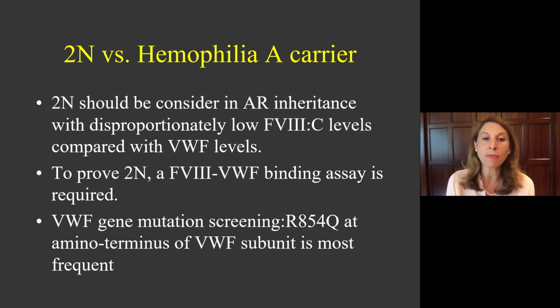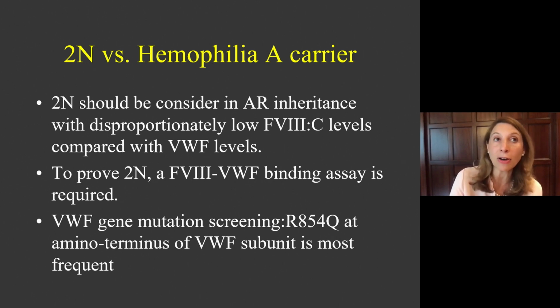Usually these patients have problems in the von Willebrand factor at the amino terminus where the factor 8 binds, and that's R854Q. So distinguishing between someone who's a hemophilia carrier who just has a low 8 but normal von Willebrand factor versus someone who's a true von Willebrand 2N can often be complicated.